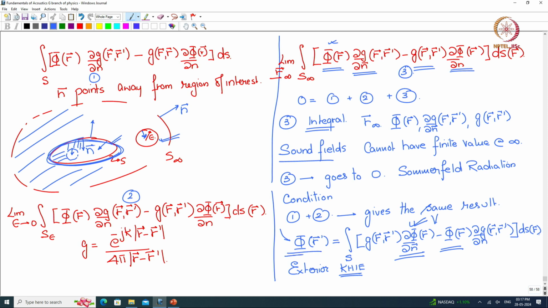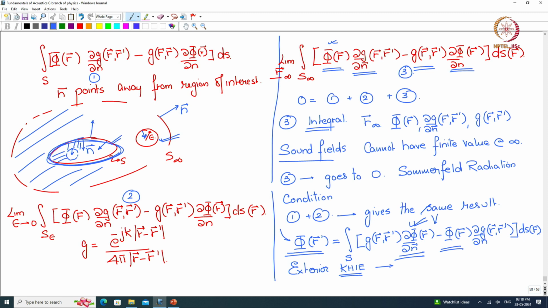That's the exterior Kirchhoff-Helmholtz integral equation. So it has the same form, and we will use this in solving problems.